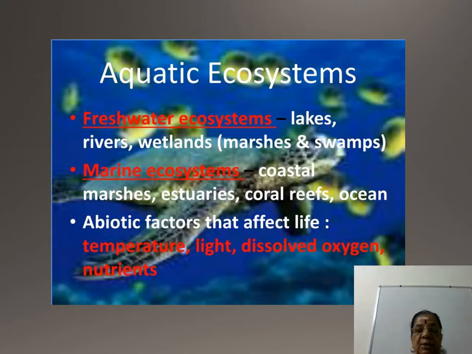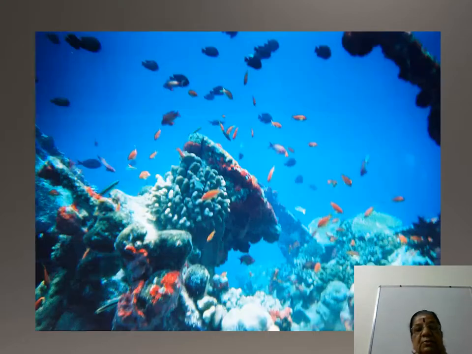Whereas abiotic factors that affect the aquatic ecosystem are temperature, light, dissolved oxygen and nutrients.